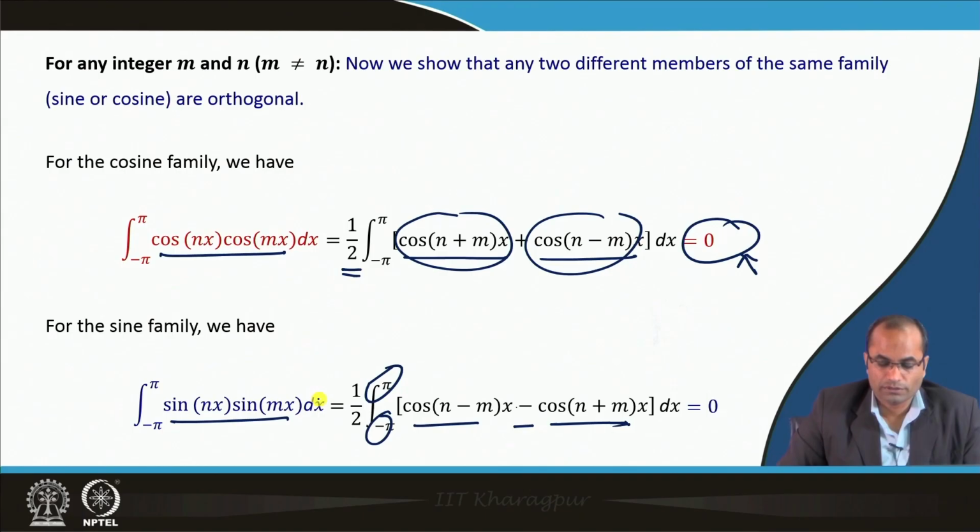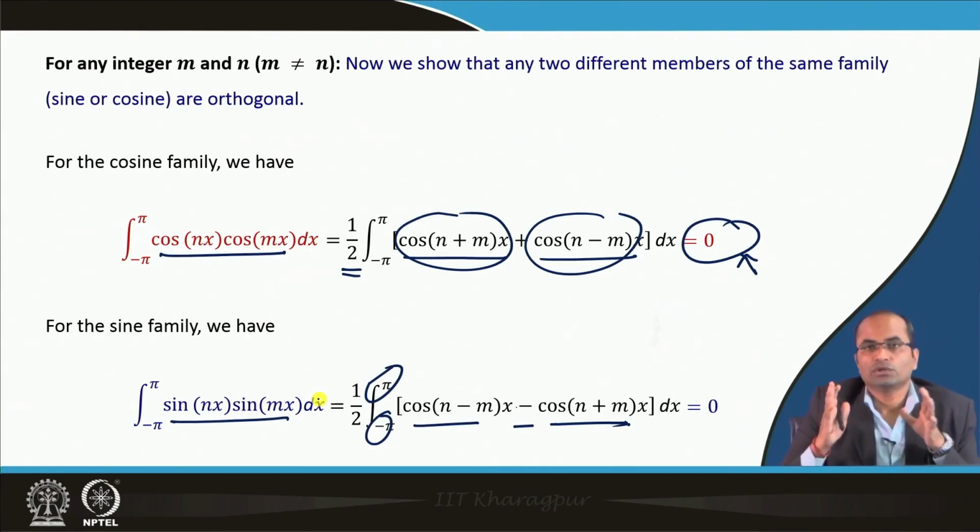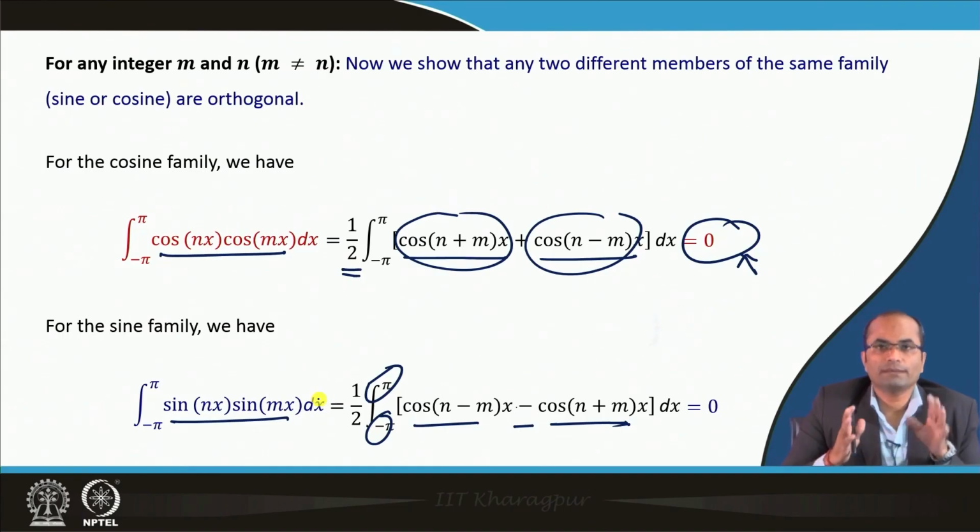So, this will also lead to 0. So, we have also seen that if we take two different members from the same family, it is going to be 0. If we fix one as a member and take any other member from the cosine or from the sine, that is 0.